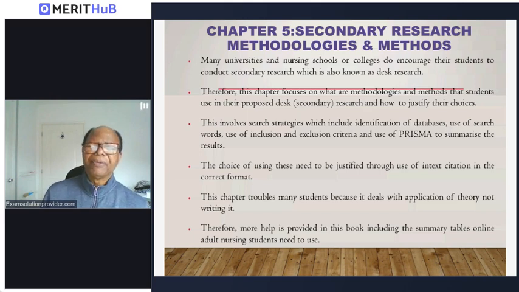So you need to search for these materials, and usually these are going to be published articles. In some cases you may have written reports, which are written documents. You may have written policies, depending on what topic area you want to conduct your research in. But all these are secondary. They are not primary things. Yeah, so we need to find a way of how you're going to get these things.